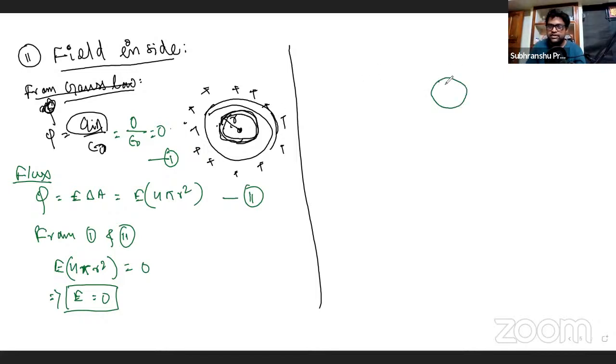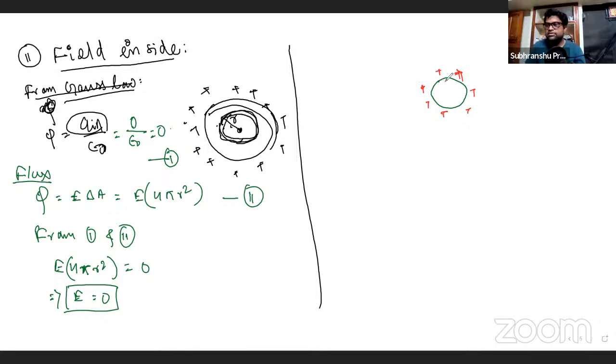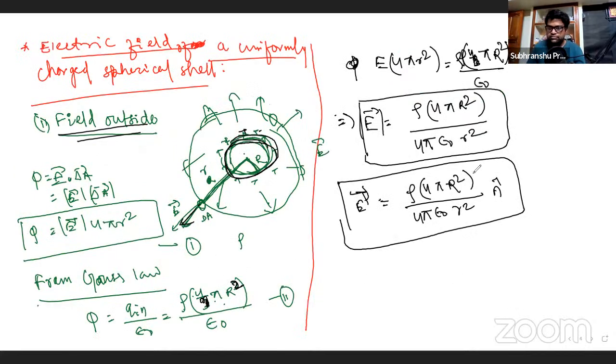Suppose this is a spherical cell which is charged, with charges over its surface. If you go outside at any point, at distance r, the electric field will be there and the magnitude is this one.